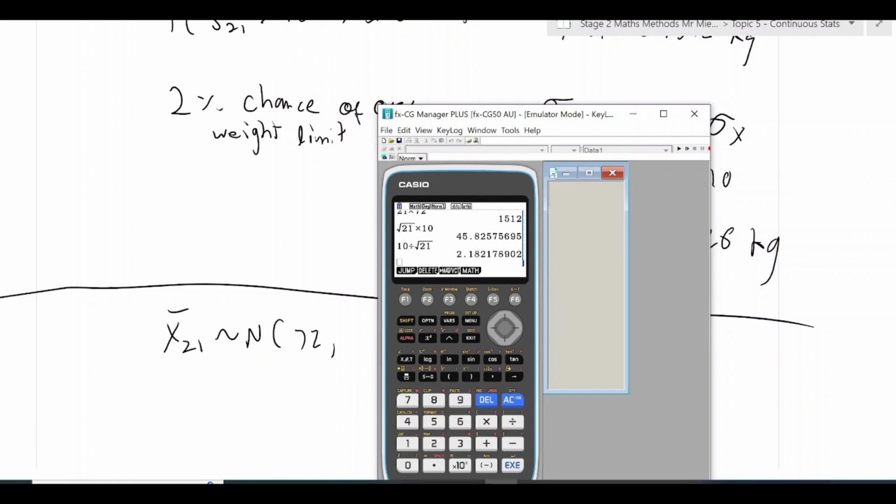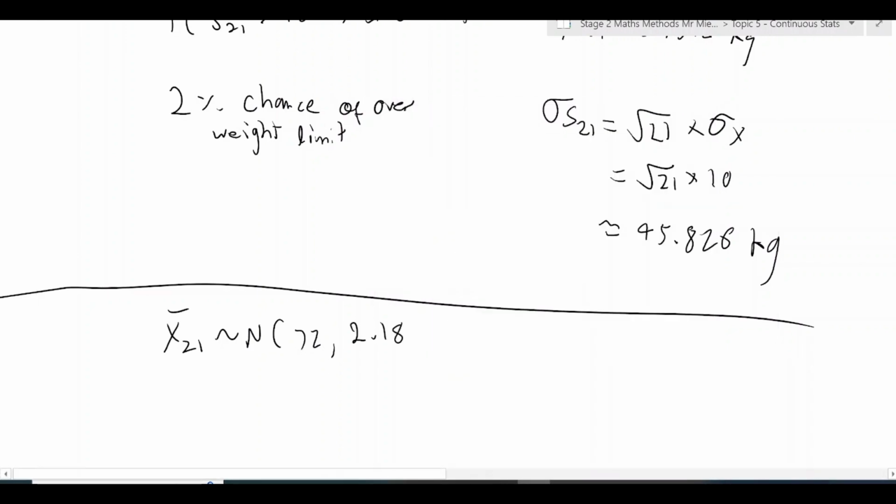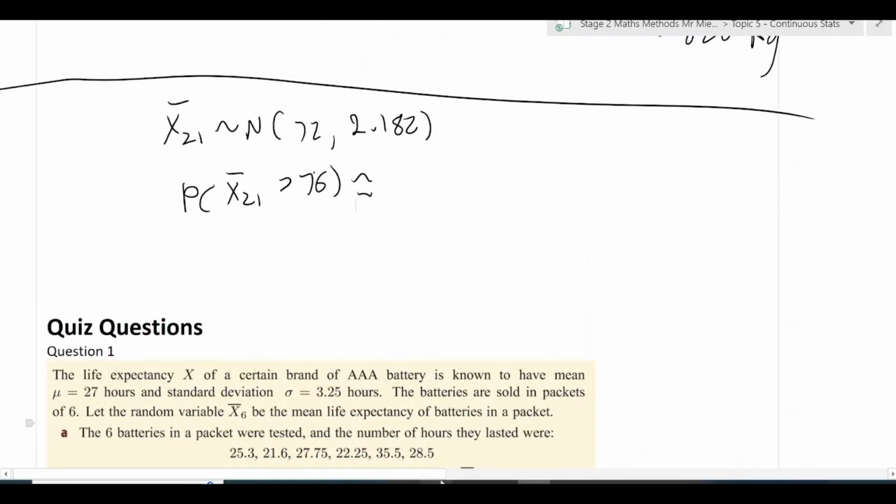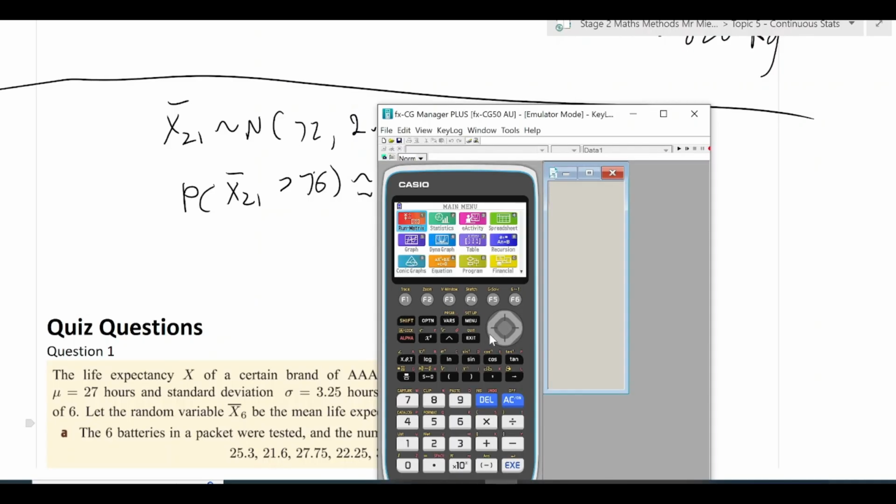So that's 2.182. And if I work out the probability of the X bar 21, so the probability the average weight of each person is greater than 76, that should hopefully give me the same number here, 0.027. So let's see if that actually works. This is just like an alternate method to work out the same problem, and it shows you how the X bar thing and the S thing are actually related.